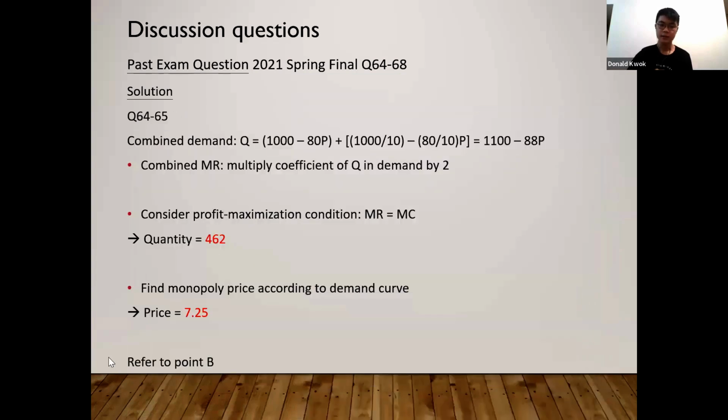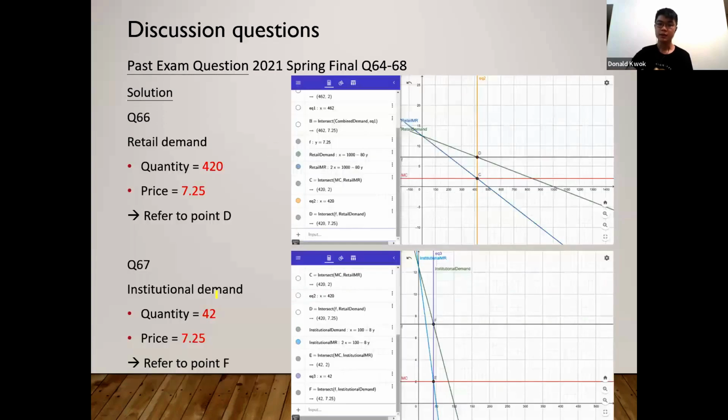Under the single price scheme, the market quantity is 462, right? And under the dual price scheme, the quantity for the retail traders will be 420, whereas the quantity for the institutional traders is 42. So in total, it is 420 plus 42, which is also 462.